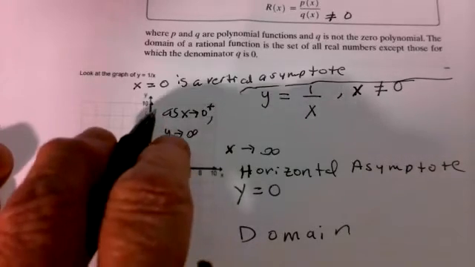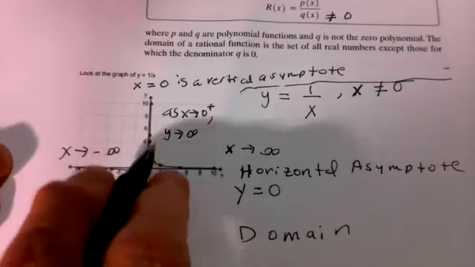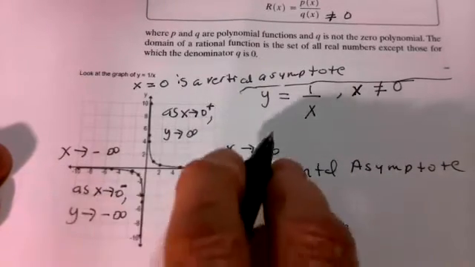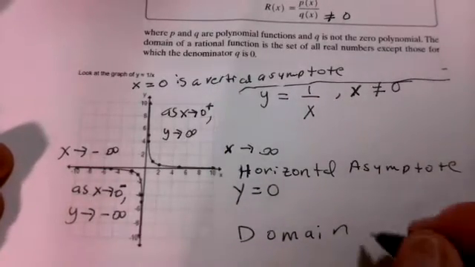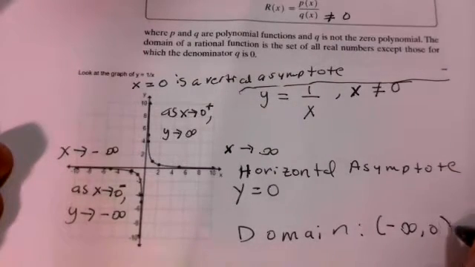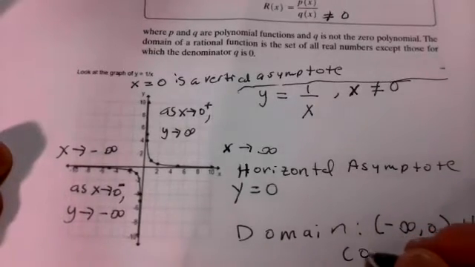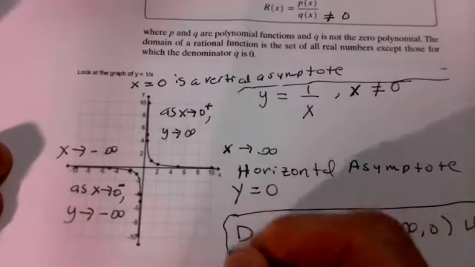Notice x gets closer and closer to 0, coming in from the right and from the left, but it is never going to be 0, because if it were 0, the function would be undefined. So the domain is from negative infinity to 0, not including 0, union 0 to infinity.